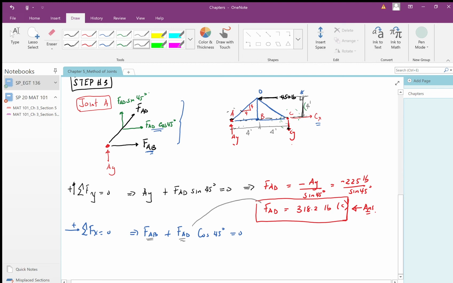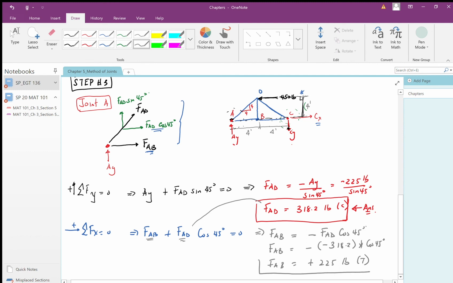So FAB equals negative FAD cosine 45 degrees. My FAB equals negative 318.2 times the cosine 45 degrees. FAB equals a positive 225 pounds, and that's going to be in tension. Okay, that's our answer here.